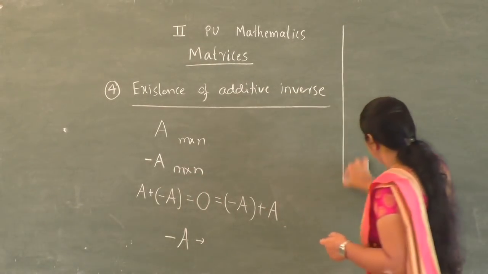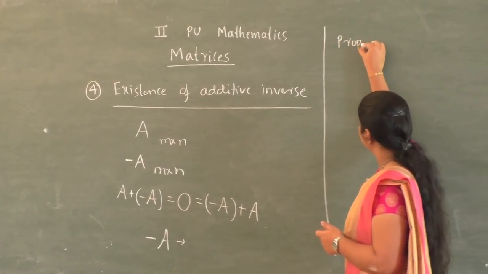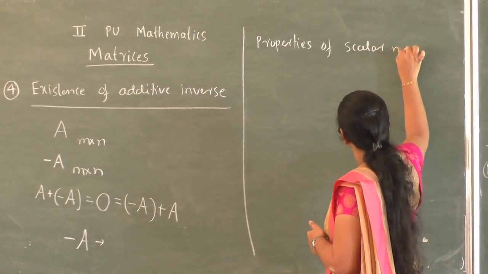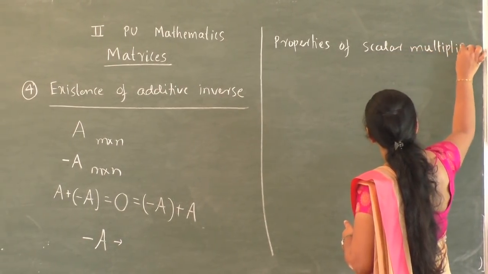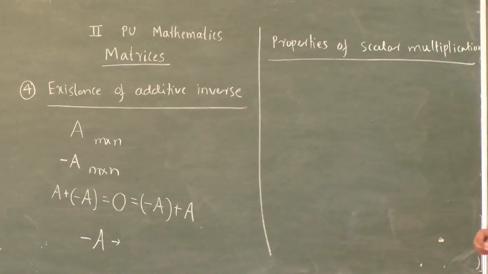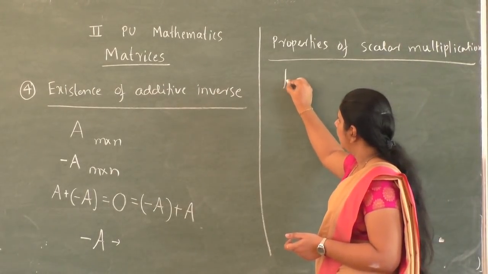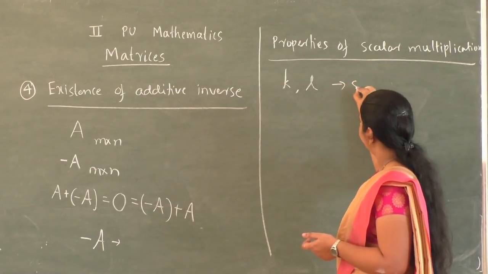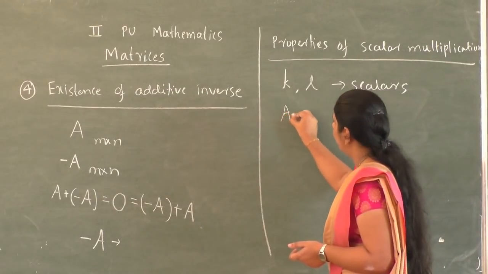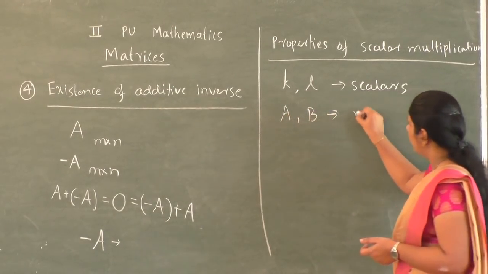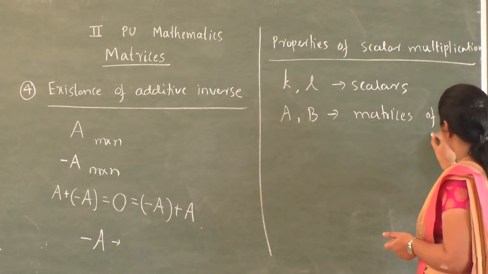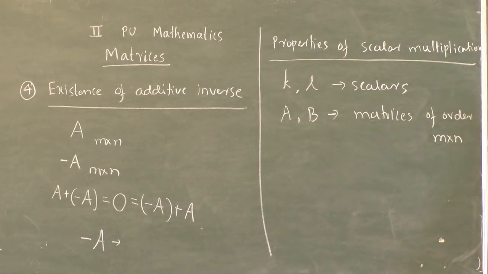Now properties of scalar multiplication of a matrix. Consider K and L as scalars. Let the capital A, B be matrices of order, say, n cross n.